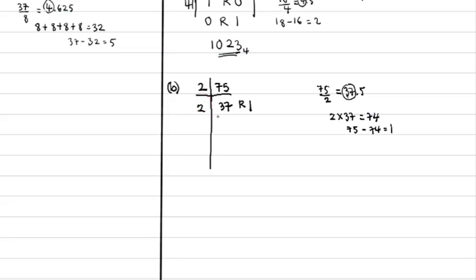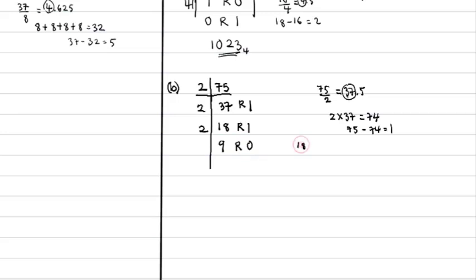Again, 2 divided by 37. So 37 divided by 2 will give us 18, remainder 1. Okay, use the same approach to get this remainder. You see it still gives us 1. So 2 again, 2 in 18, this is 9, remainder 0.